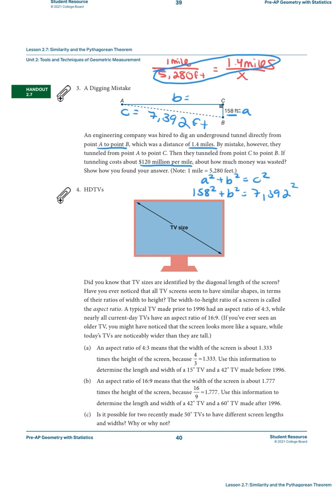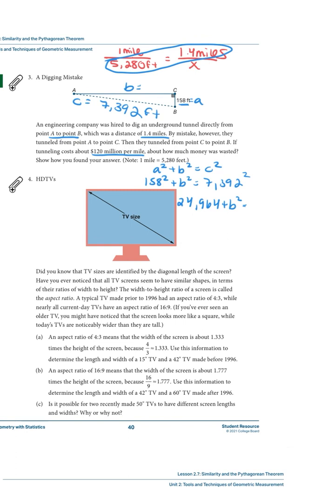And I'm going to solve for B. So I do 158 squared, and 158 squared is 24,964 plus b squared is equal to, it's going to be a really big number, 54,641,664. So then I subtract 24,964, and what does that give me?